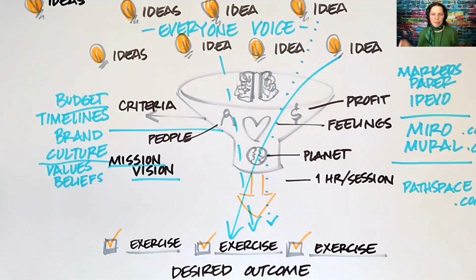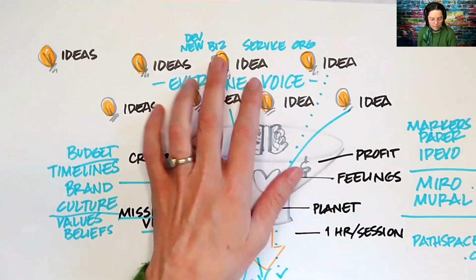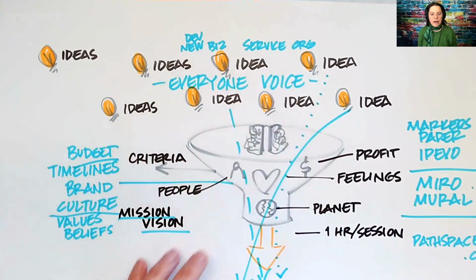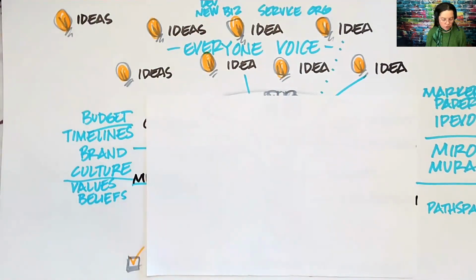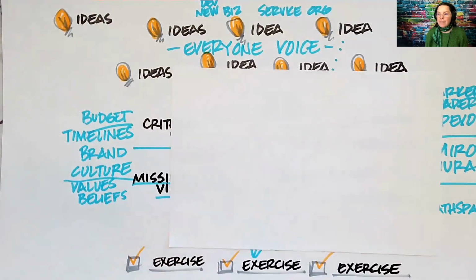Now we talked a little bit about prioritization, about maybe thinking about what's important to us in our learning or whatever. And in this particular case, Kelly was talking about new business development, service organization, that type of thing. And some of you may already know this one, but I just want to draw it out for you in case you don't. This is a prioritization matrix.